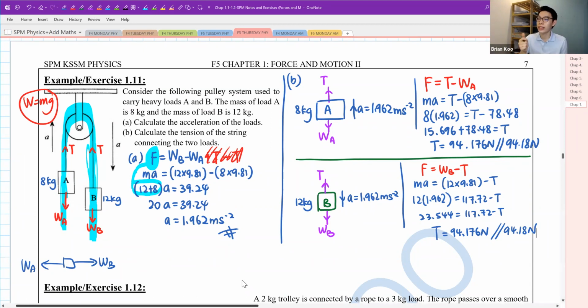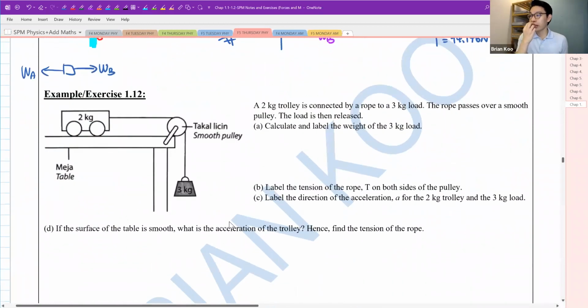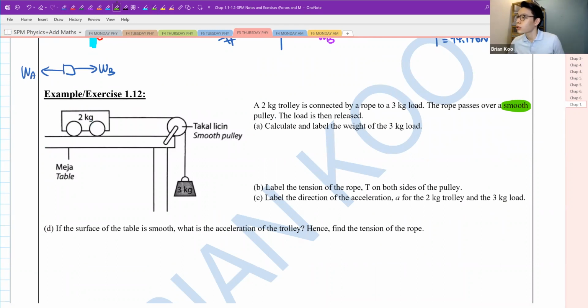Okay, everyone good with this? I move on. 1.12. A 2 kg trolley is connected by a rope to a 3 kg load. And then the rope passes over a smooth pulley. The load is then released. Okay. If they say smooth means what? No friction.